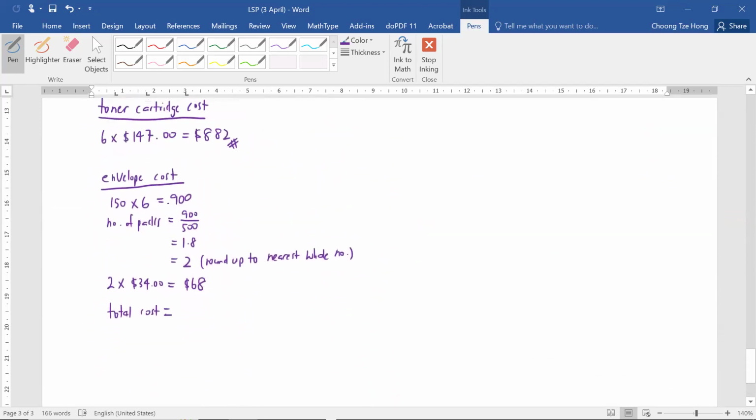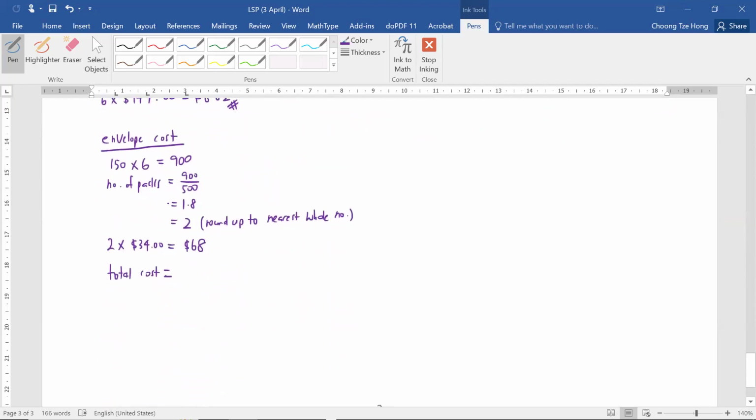So the total cost will be the mailing cost, which is 333. This is for mailing, right? I'm just going to write it below. Mailing plus 3120, which is for the paper, plus 882, which is for the toner, plus another 68, which is for the envelopes.